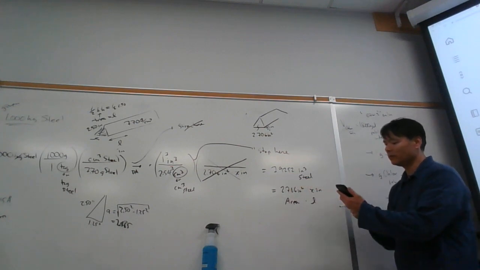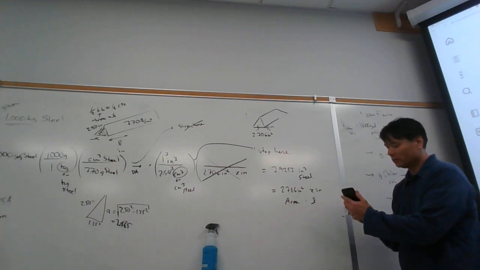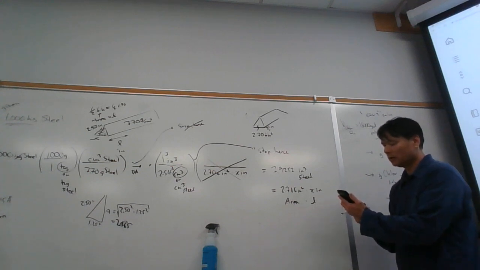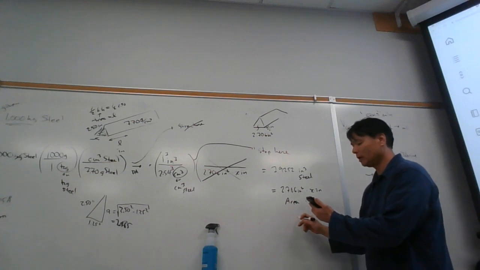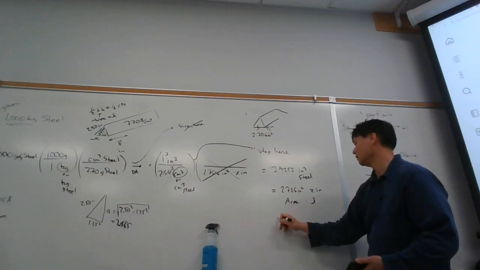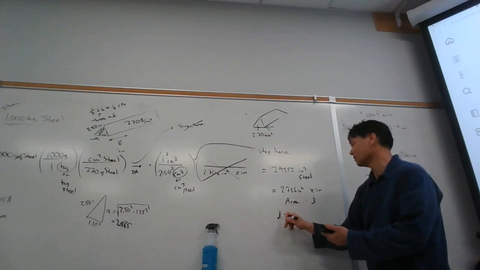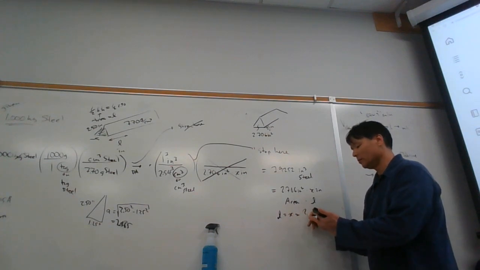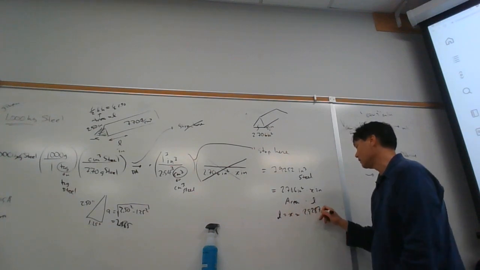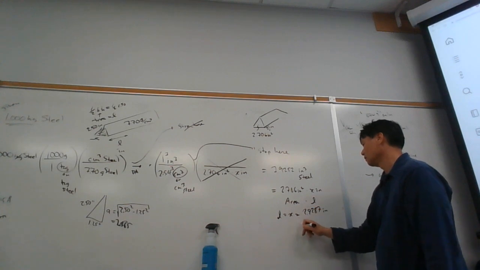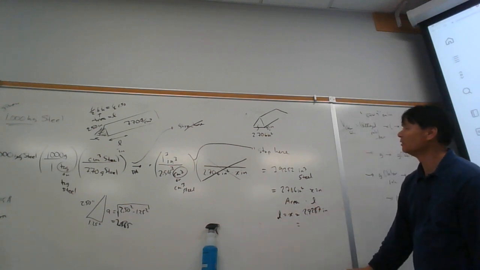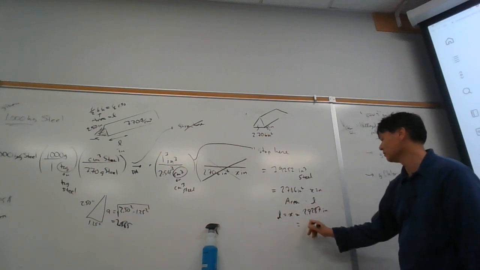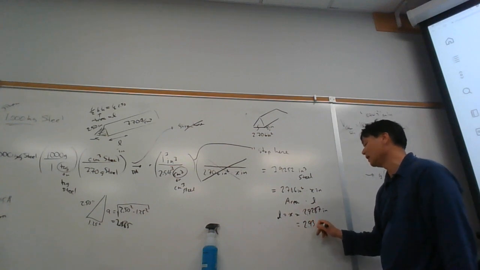So I'll take my 7.9252 divided by 2.706, and that gives me 2.9287. And so the length, or x, is equal to 2.9287 inches. Okay, how many sig figs am I allowed? 3. So we'll just call it 2.93 inches.